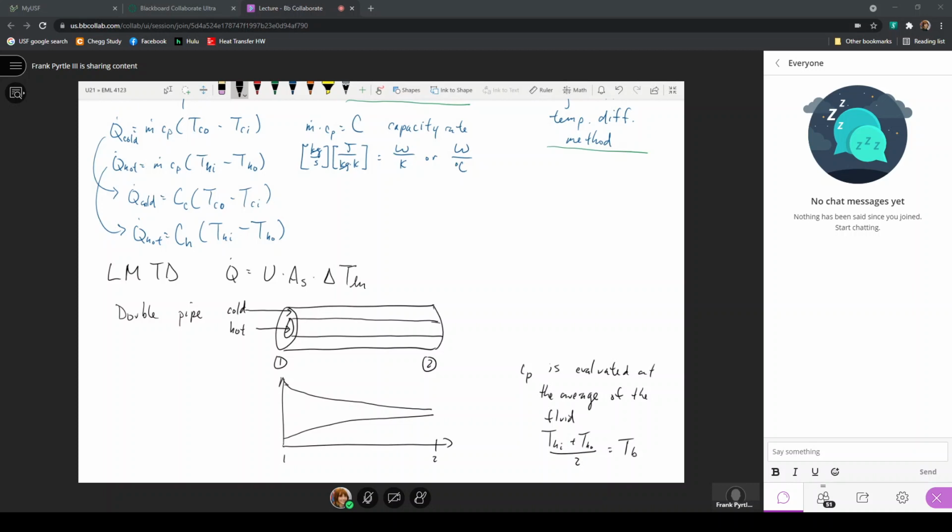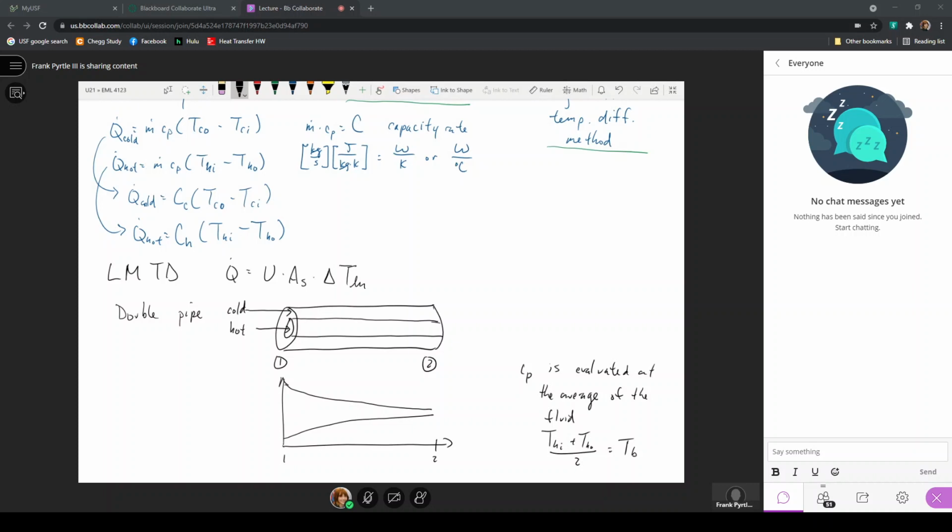But by this log mean temperature difference method, this heat exchange between the two fluids does take into account the inlet and outlet temperatures for the hot and cold fluids through the definition of the log mean temperature difference. This surface area is just the surface area for the exchange between the two fluids.